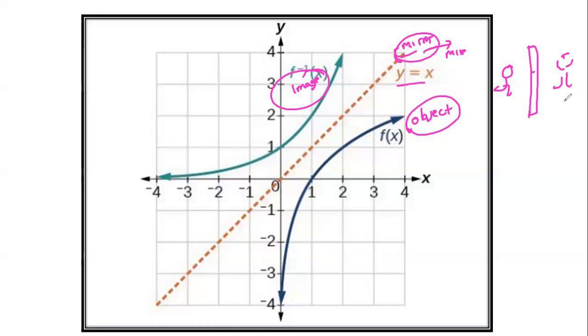Now, when we are talking about inverse, what we see inside is what we call the inverse. What we use to see ourselves is what we call the mirror. And this one is always y is equal to x. And then this is the object. So this is a mirror line, the one we use to reflect. You cannot reflect anything unless you have a mirror.